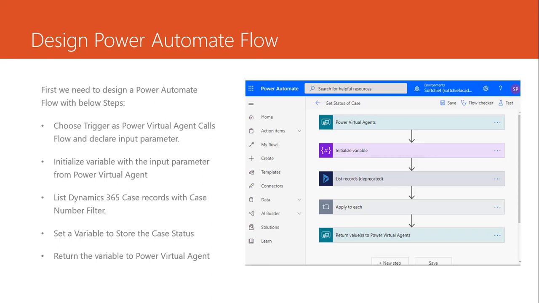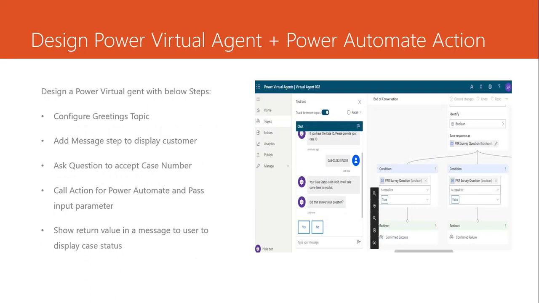Once the input has been accepted, we will store that in a variable in Power Automate itself. Then we will retrieve the list of Dynamics 365 case records with the case number filter. Then we will set a variable to store the case status, then return the variable to the Power Virtual Agent. The last step is we will integrate Power Automate with Power Virtual Agent.